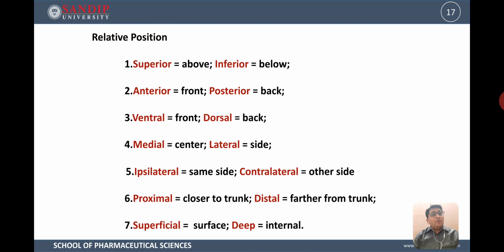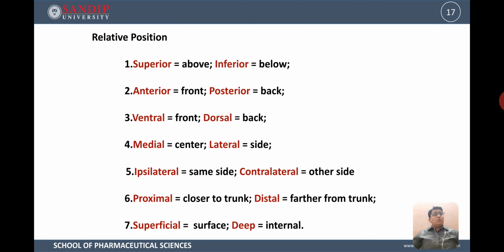Now, when you observe that particular figure, superior means what? Above. Inferior means below. It means superior is above, inferior is below. Anterior front, posterior back. Ventral front, dorsal back. Middle, medial, central, lateral side. Ipsilateral, same side. Contralateral, other side.